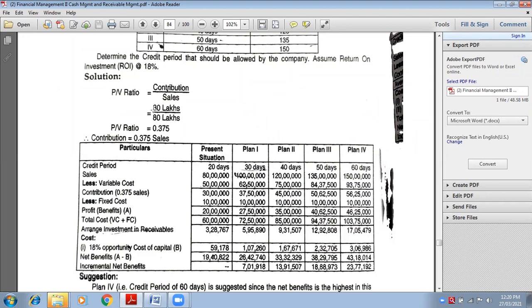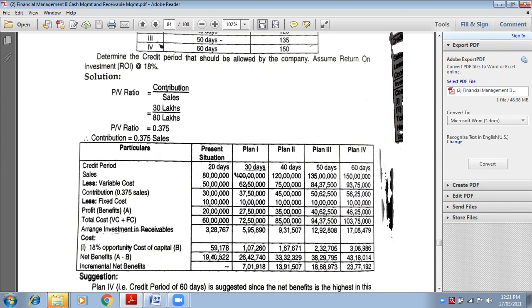So what is average investment in debtors of present situation? 3,28,767 into 18 percentage. So you will get opportunity cost. What is the opportunity cost of present situation? 59,178.